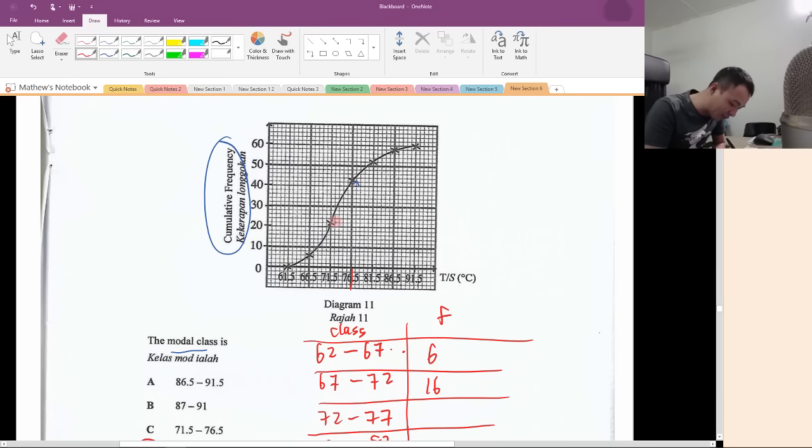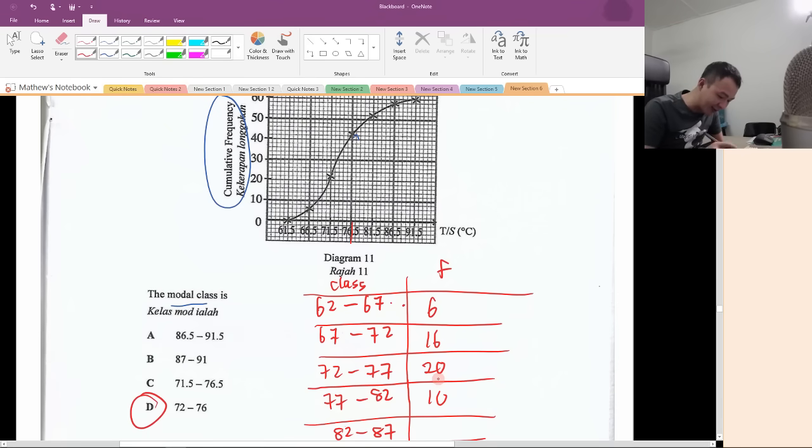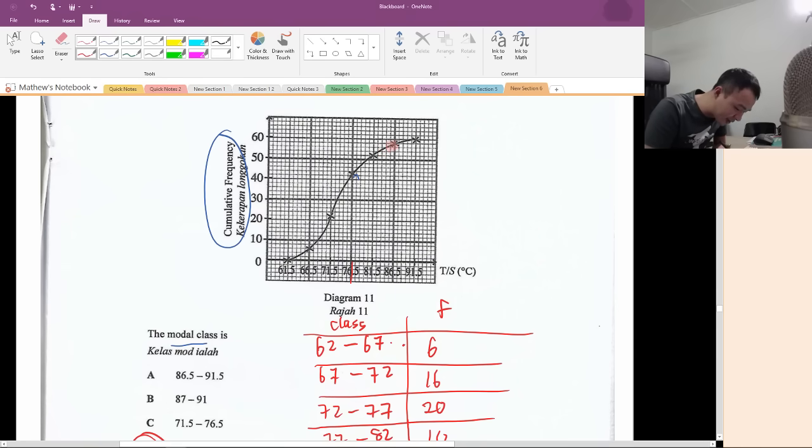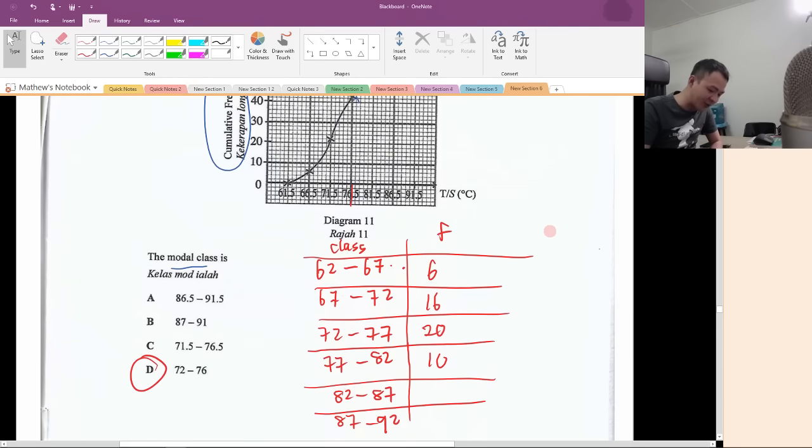Then the next one will go from 22 to maybe 42. 22 go to 42, which is 20. Then this one from 42 go to 52, which is 10. And then 52 go to 58, which is 6.